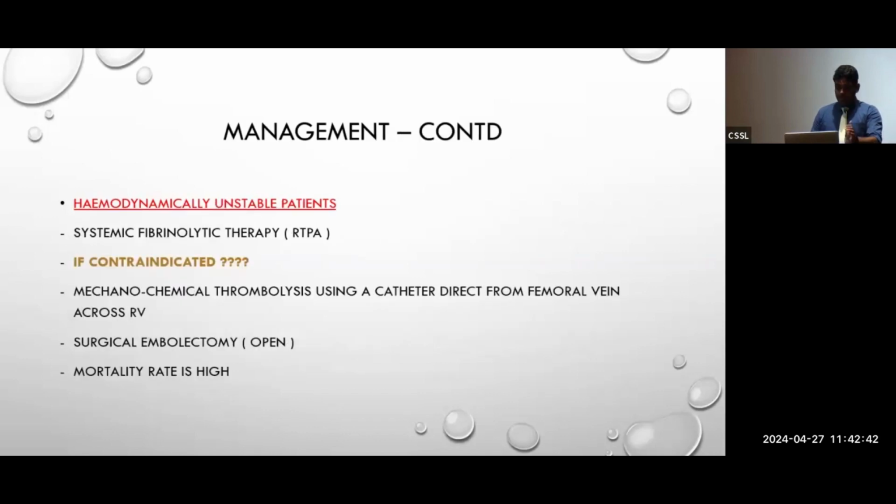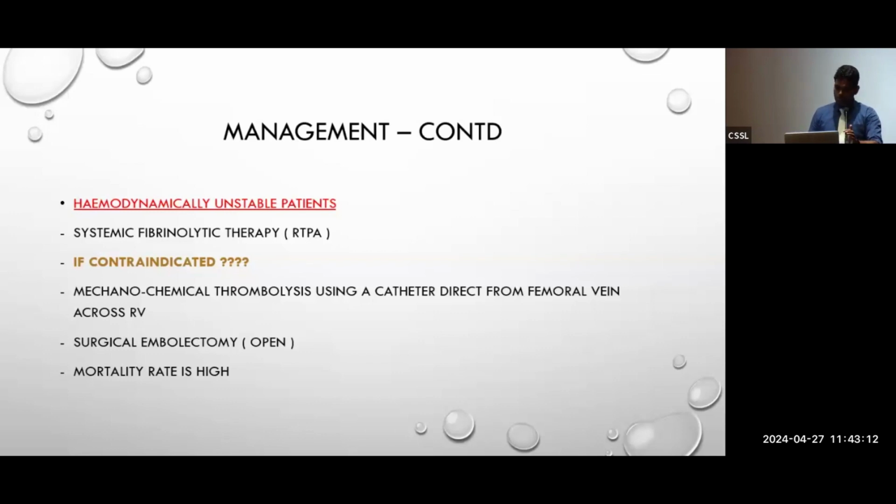Then hemodynamically unstable patients, as I told you earlier, patients with low blood pressure. The treatment of choice would be systemic fibrinolytic therapy, which is not a catheter-directed one. You give systemic fibrinolytics, just like in stroke management. But if there's a contraindication to using RTPA, for example, recent brain surgery or diagnosed brain cancer, then there are two options.